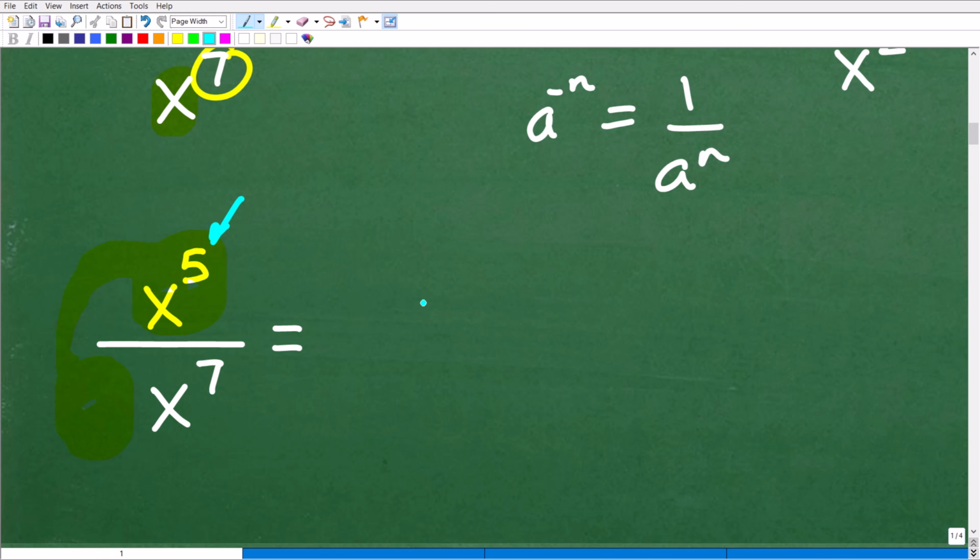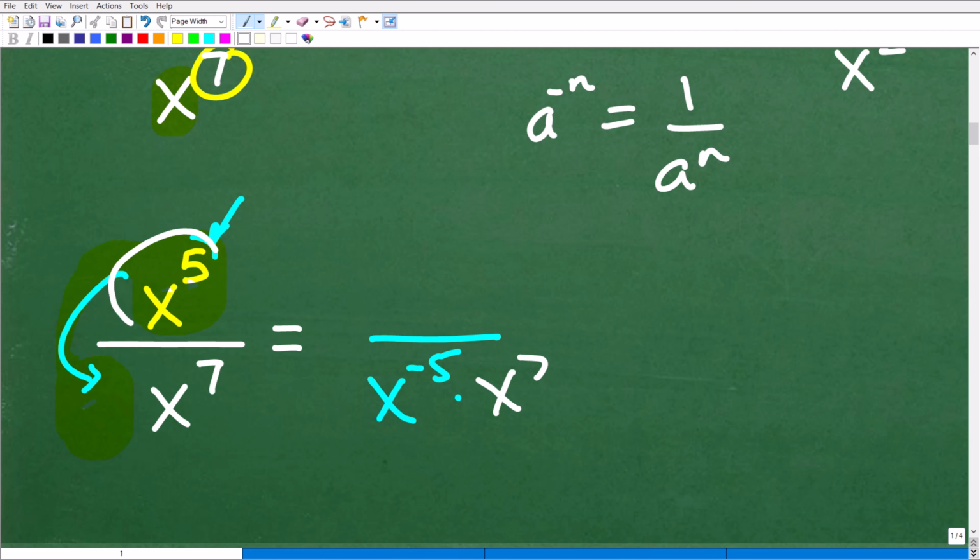So we're going to put this x to the 5th down next to this x to the 7th, and instead of being x to a positive 5, it's going to become x to a negative 5, times x to the 7th. Now when I move this down into the denominator, there's not 0 left. There's always a 1 in its place. So now we have 1 over x to the negative 5th times x to the 7th.